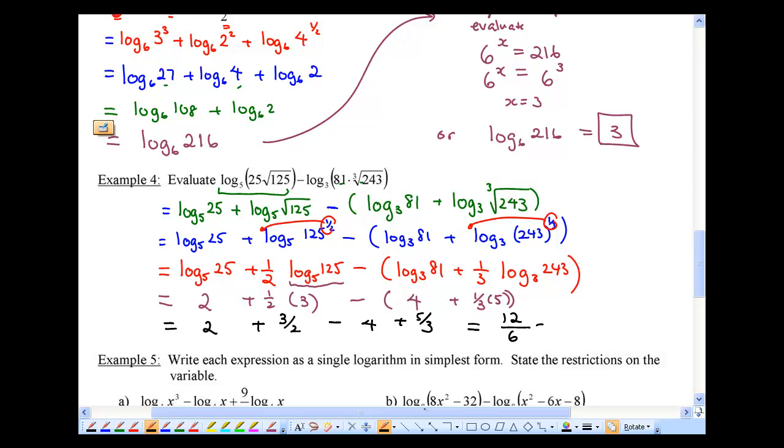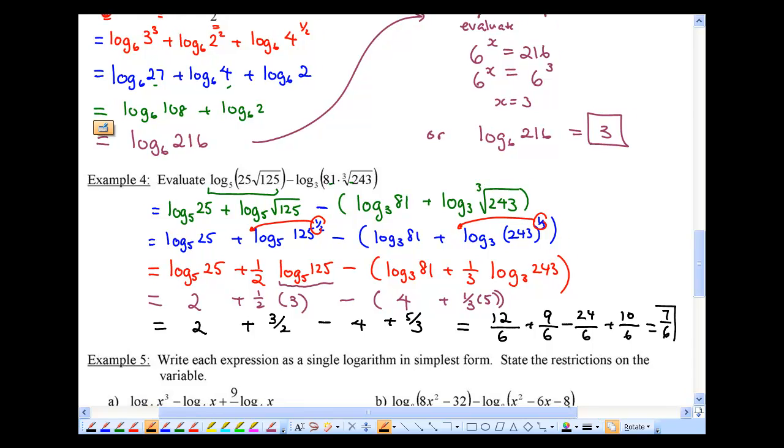That's 12, 2 times 3 is 6, 3 times 3 is 9, 24, and 10 over 6. 12 plus 9, that's 21. Take away 24, negative 3. Plus 10. What's negative 3 plus 10? How about 7? Okay, so that whole expression just equals 7 over 6. There you go.